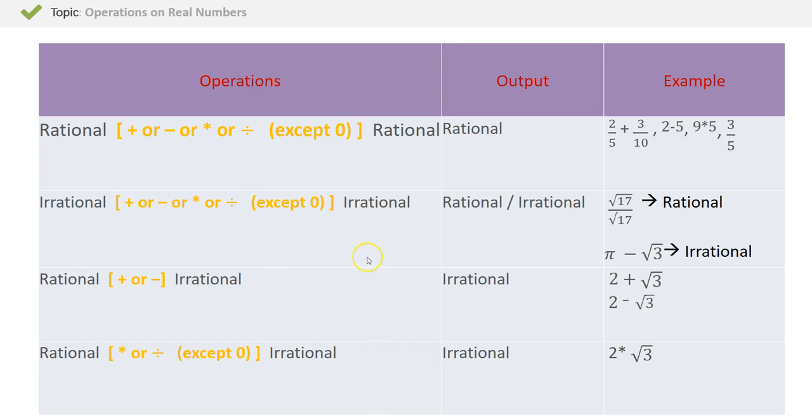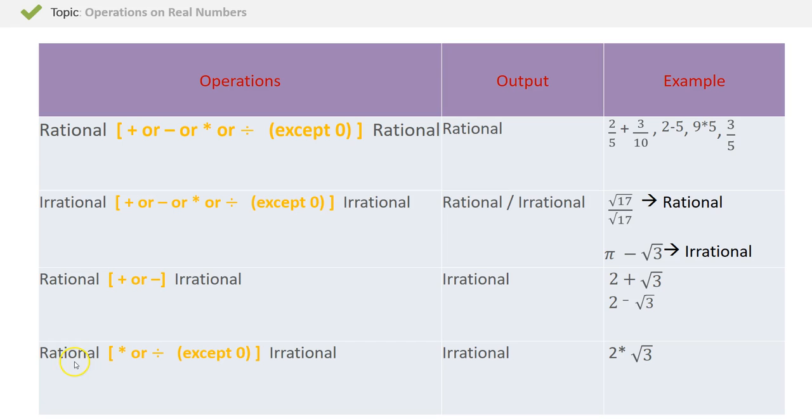In the same context, if you have a rational number and an irrational number, and you add or subtract, what you always get is an irrational number. An example is 2 plus square root of 3 and 2 minus square root of 3.